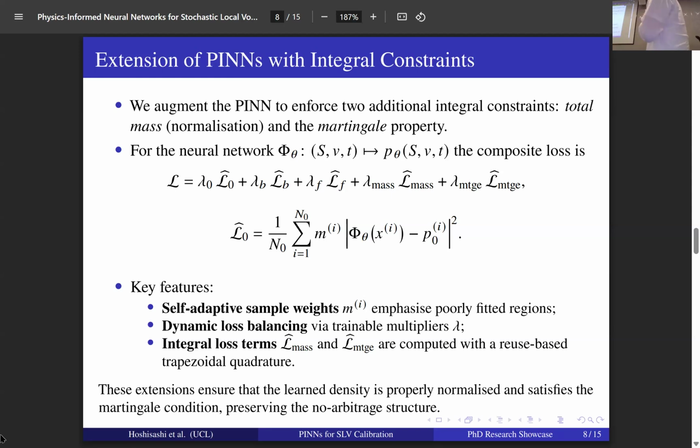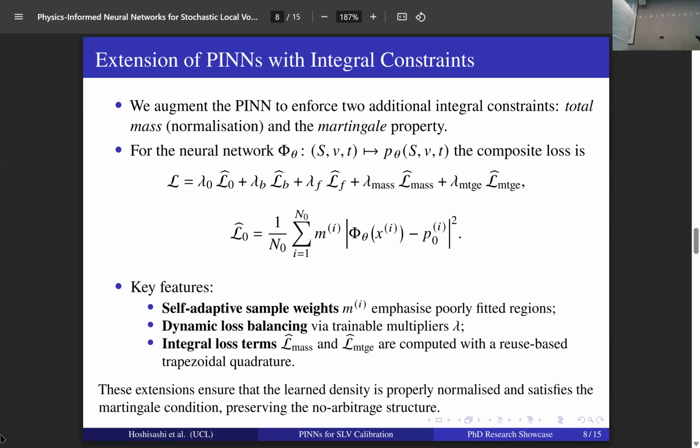So here, to solve the SLV model calibration using PINNs, we augment the PINNs to enforce two additional integral constraints for the p. We remember that the transition probability density function should have a total mass of 1 and should satisfy the martingale property.